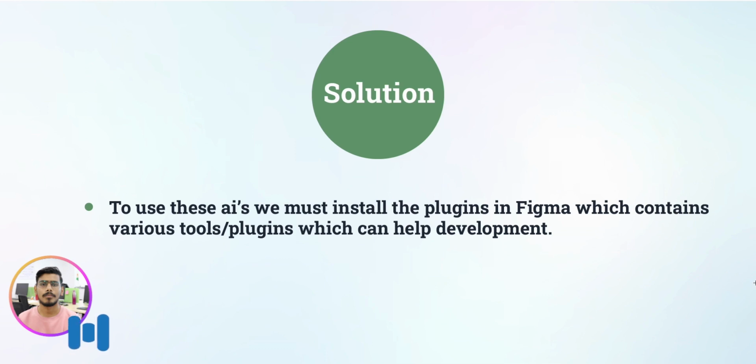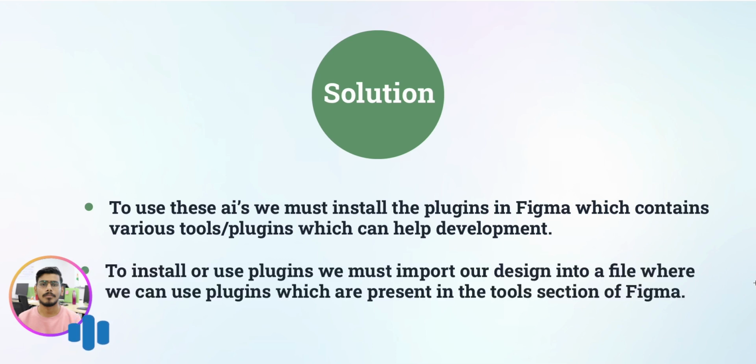To use these AIs, we must install the plugins in Figma, which contains various tools that can help the development. You can find these plugins under the toolbar section in the Figma UI. To install or use these plugins, we must import our design into a file where we can use the plugins present in the tool section of Figma.